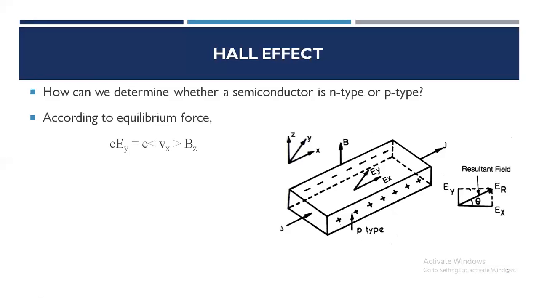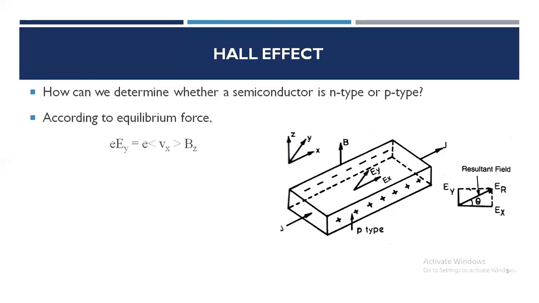For example, you can see here this front face appearing with positive charge, which is shown in this figure, resulting in an excess of holes near the front face and a deficiency of holes at the back face.